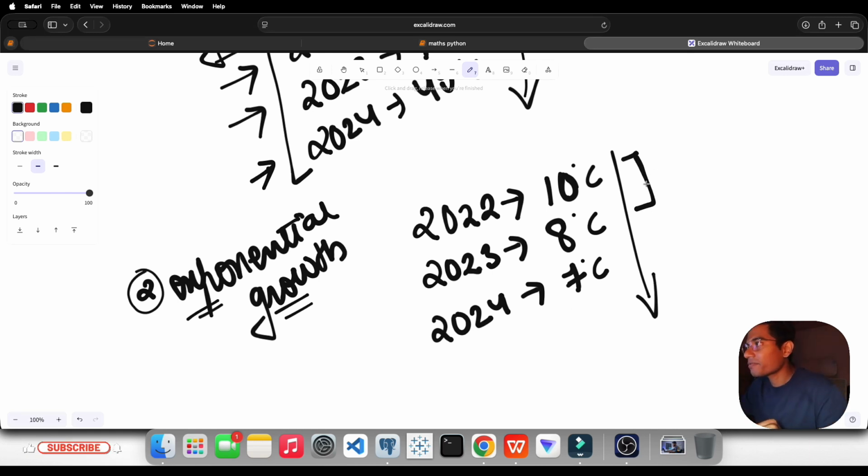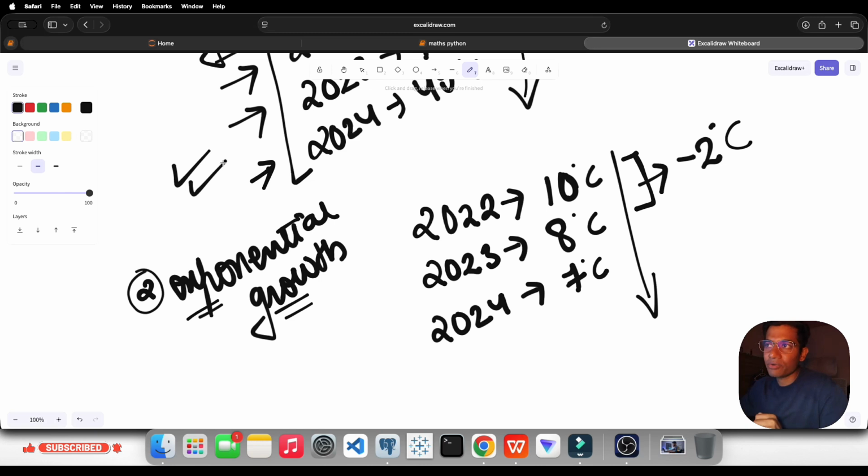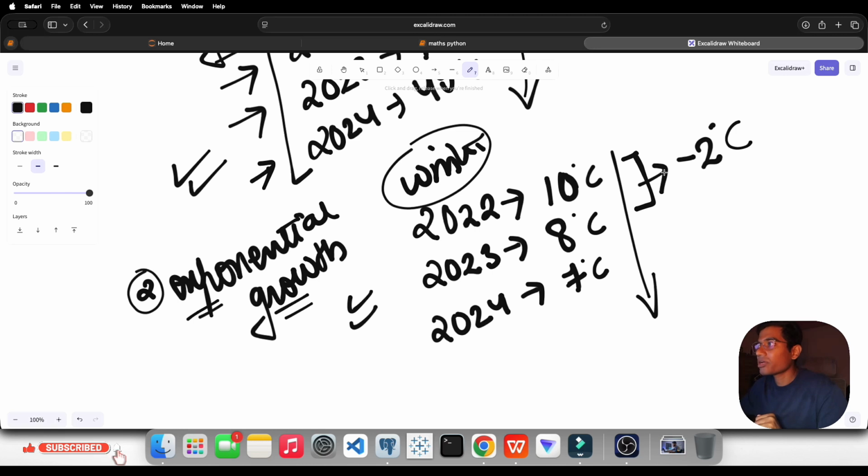So what is the difference here? Minus 2 degrees Celsius. Minus 2, related to the temperature I am saying. Let's take it as a growth, because growth is what I would say for summer season. Take this example for winter season. And let's write it. So it is decreasing by 2 degrees Celsius.